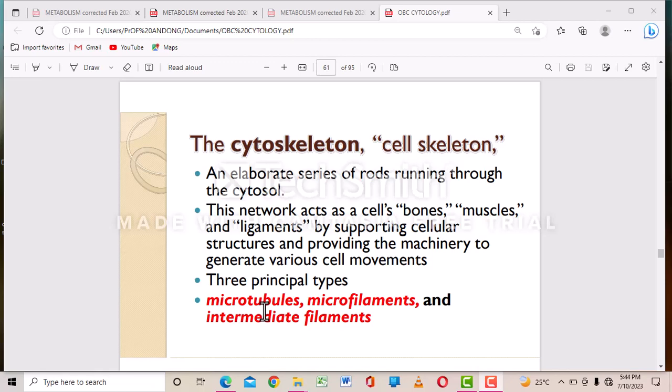You have microtubules, which you find in centrioles, in flagella, in cilia. You have microfilaments, for example actin, found in myofilaments of muscles. You have intermediate filaments.